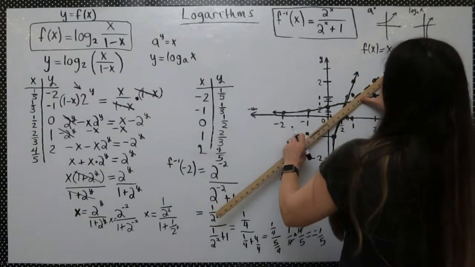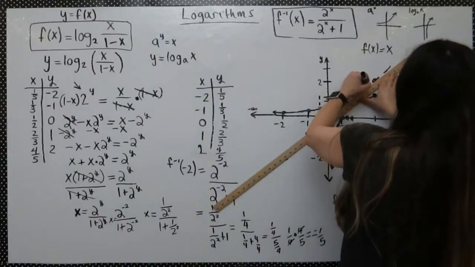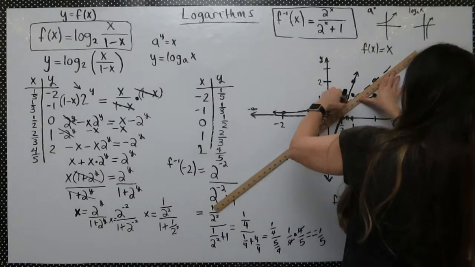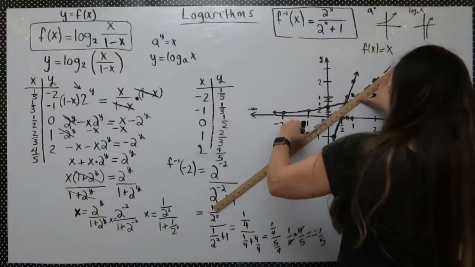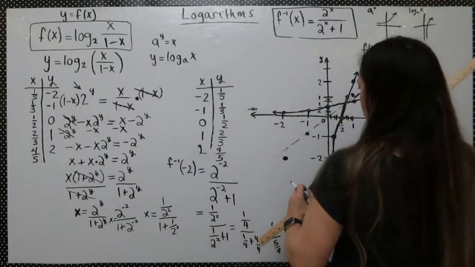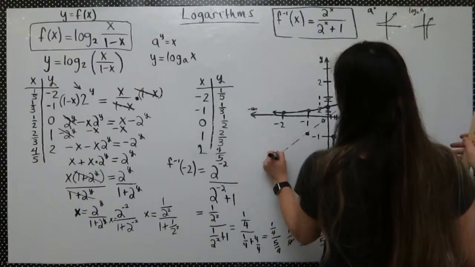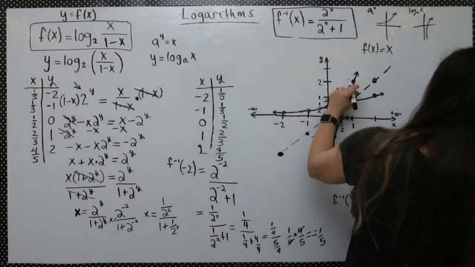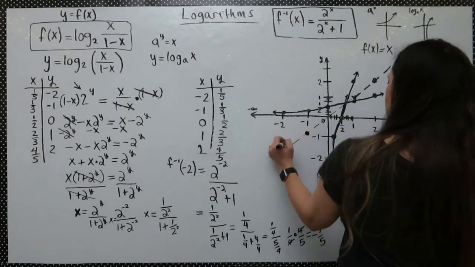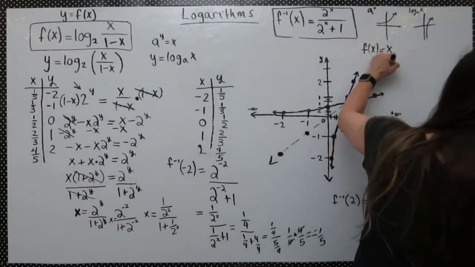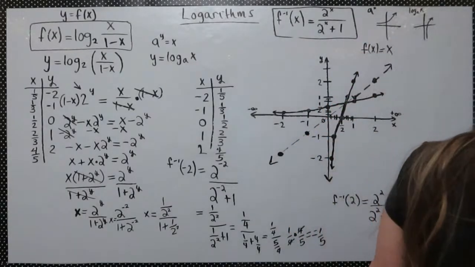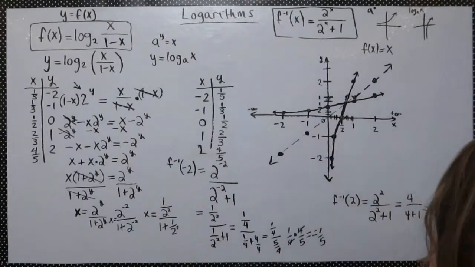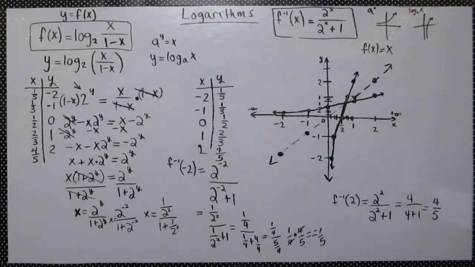Oops, I was off. And it should intersect it right there. That's pretty cool. All right, so we have perfect symmetry there about the identity function line. So that guarantees us that we have found our inverse graphically and verified it.